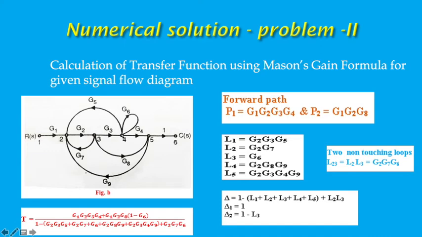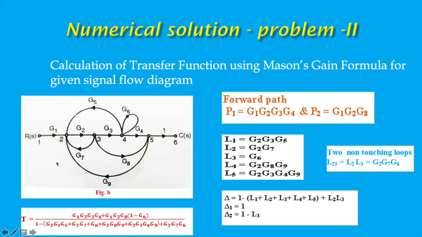This is called a self loop. And L4 is G2, G8 into G9. And L5 is G2, G3, G4 into G9.